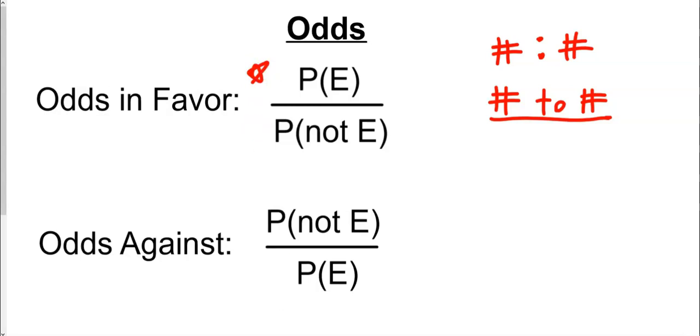Now, let me break down odds. They talk about probabilities over here, and I'll show you the probability piece, but I think it's a little nonsense to talk about the probability piece. Okay? So here's how I really think about odds. When we're talking in favor, and I generally talk about the in favor, because if I want the ones against, I just flip the one that's in favor. When we talk about the ones in favor, what goes on top are all the outcomes you want.